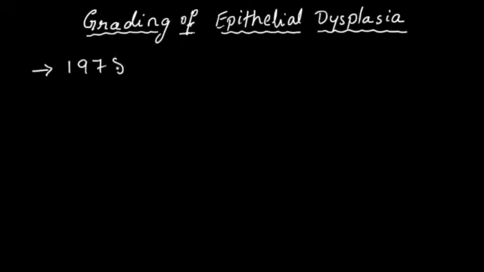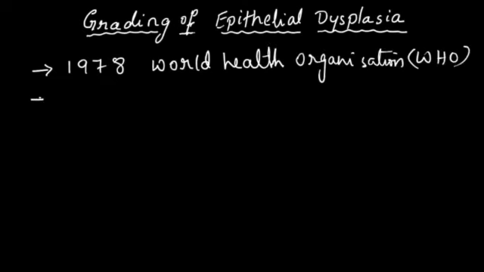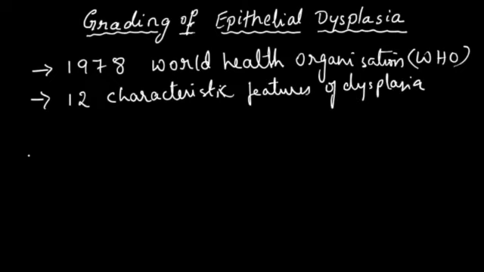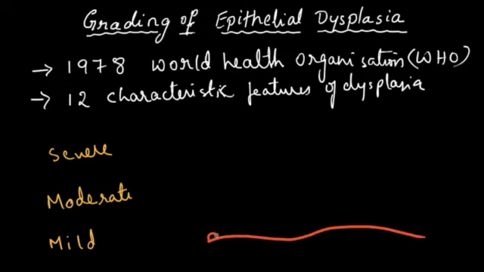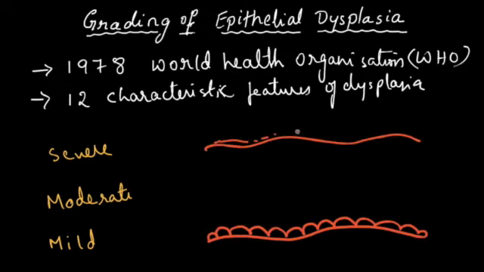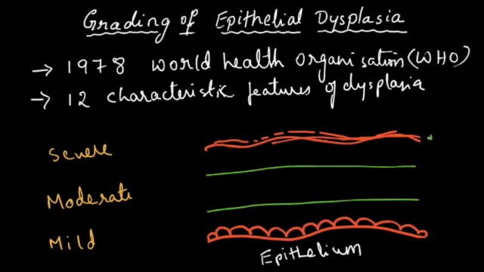Then came the 1978 World Health Organization, that is WHO classification, which considered 12 characteristic features of dysplasia and graded epithelial dysplasia as mild, moderate and severe by dividing the epithelium into thirds, that is upper third, middle third and lower third.